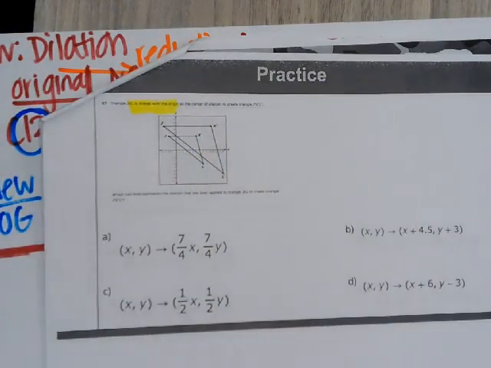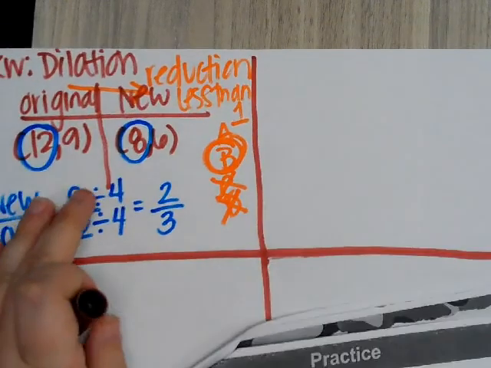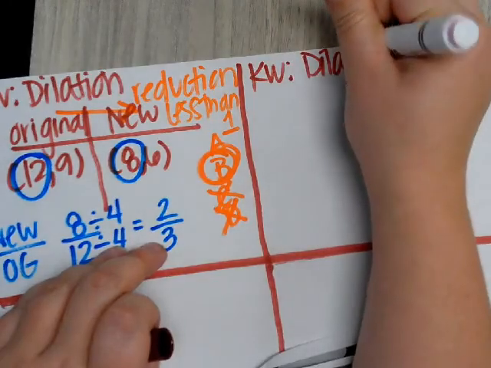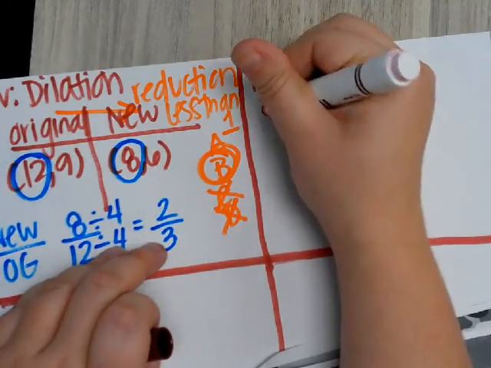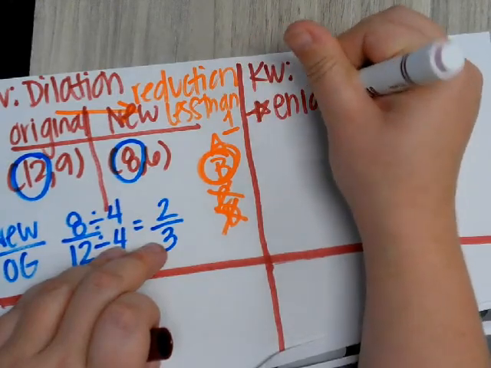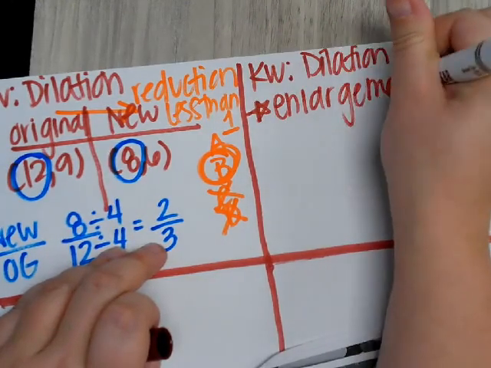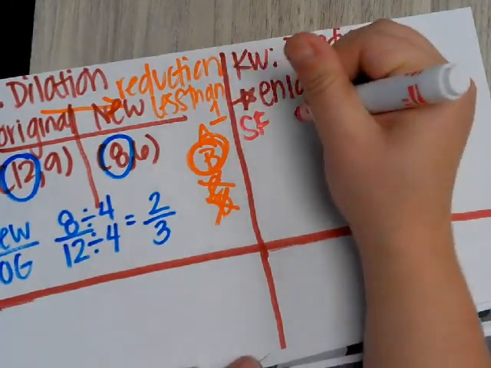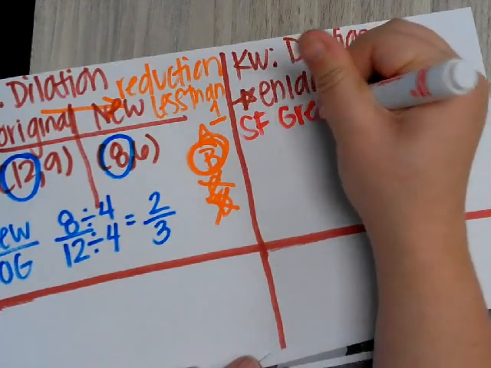Because I'm going from something smaller to bigger. So for my keywords, I know I'm going to have dilation, but I'm going to make a star and say it's an enlargement because I noticed that from my picture. So what do we know about an enlargement? My scale factor is greater than 1.